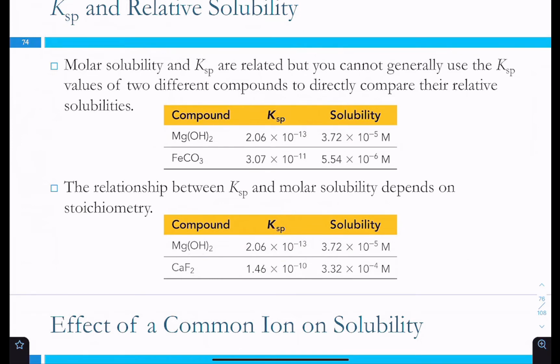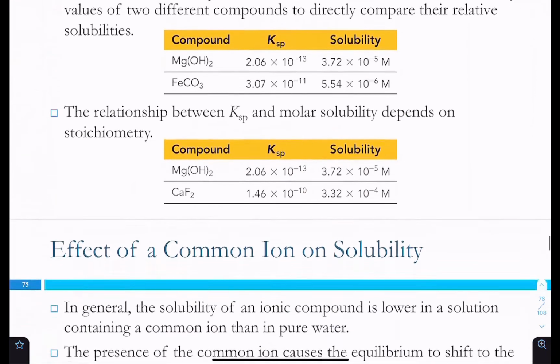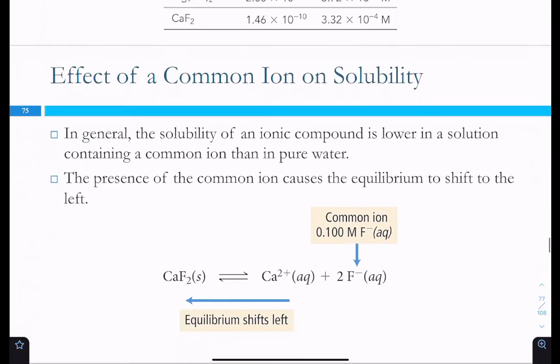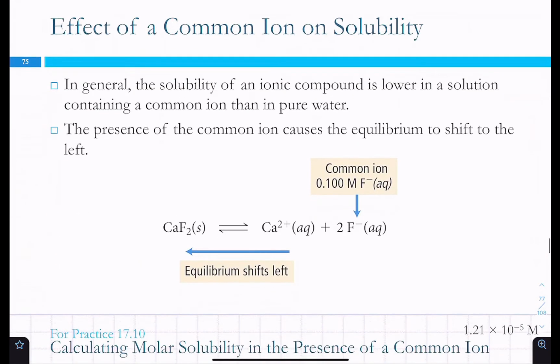So that's going to be important when we're talking about effects of common ions. It'll be more important later. This is the common ion effect, and this was actually one of the questions related to one of the questions on the lab exam. So if you have calcium or fluoride added to the solution, just like when we had 2 weak acids in a solution, the stronger acid is going to suppress the ionization of the weaker acid.